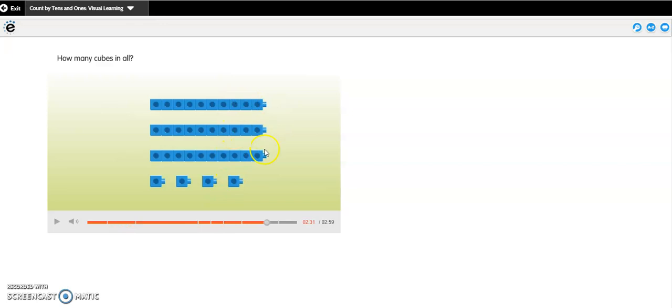We're going to count by tens, and then we're going to count the extra ones by ones. 10, 20, 30, 31, 32, 33, 34. There are 34 cubes in all.